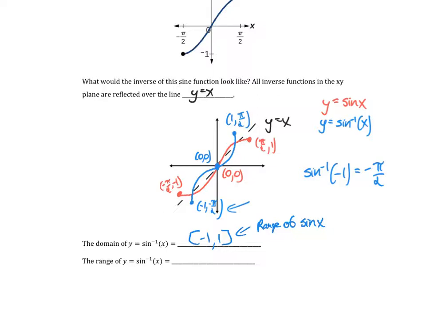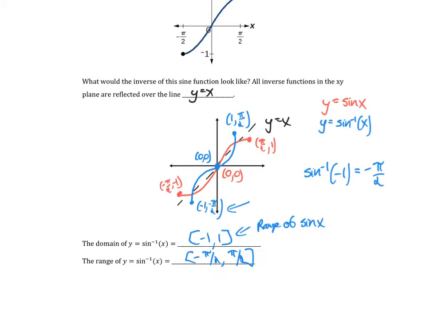And then the range of inverse sine of x is negative pi over 2 to pi over 2. So just notice how they've swapped now. That's the basis for your inverse sine of x function. It can be a little bit tricky.